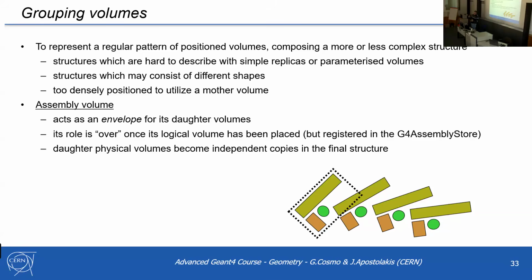You define an envelope, and inside this envelope, you place the components of your assembly. Once you make the imprint of this envelope in space, the envelope disappears. The volumes that compose the envelope are dropped as placements in space. Each one will be a single physical volume placed in space.